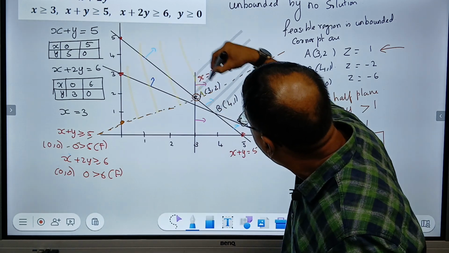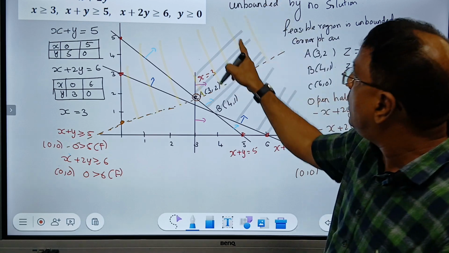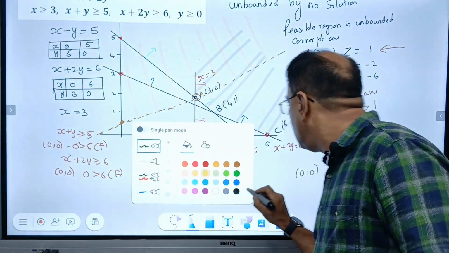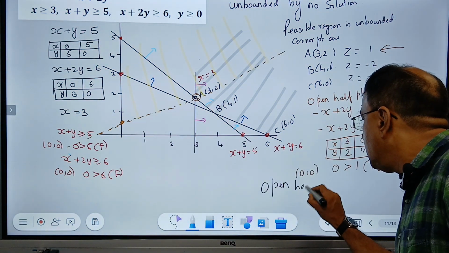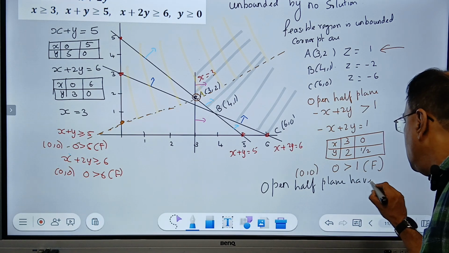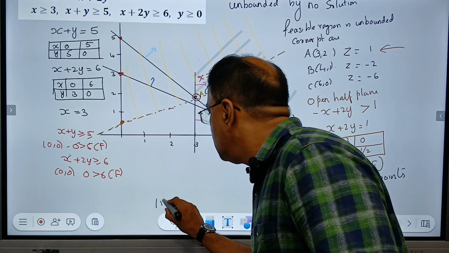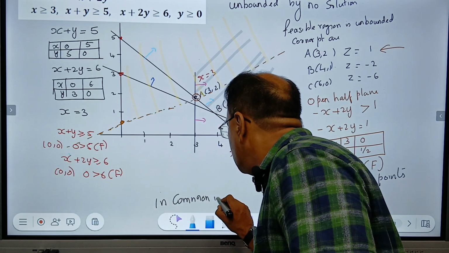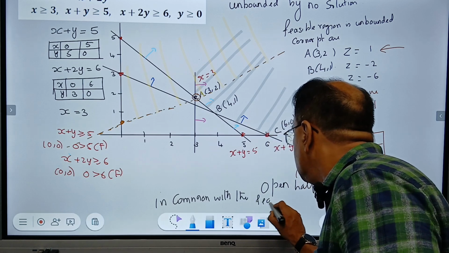When I shade away from origin, what happens in this region? The open half plane has points in common with the feasible region.